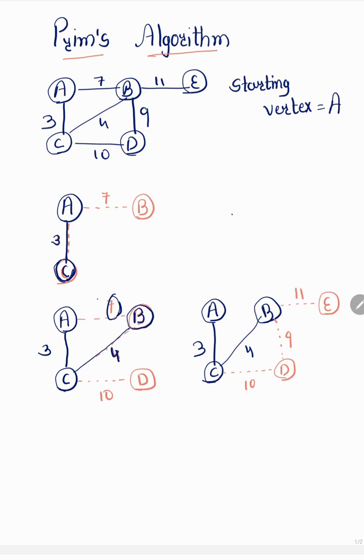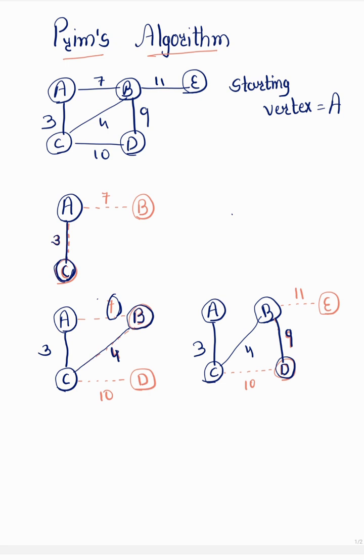Now out of these 3 you need to check which one is minimum, right? So as you can check, 9 is minimum, so I need to just select this 9, right? I need to add this vertex D along with the edge to my minimum spanning tree, right?